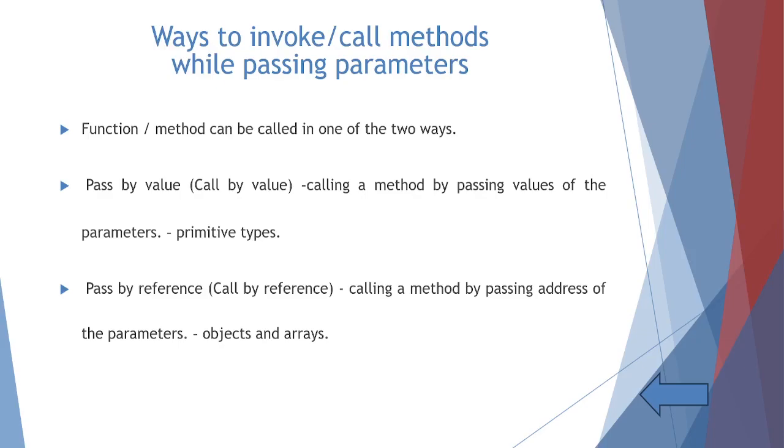All primitive types are sent like this by Java. And then pass by reference, which is also known as call by reference, calling a method by passing the address of the parameters. Objects and arrays are passed by this method by Java.